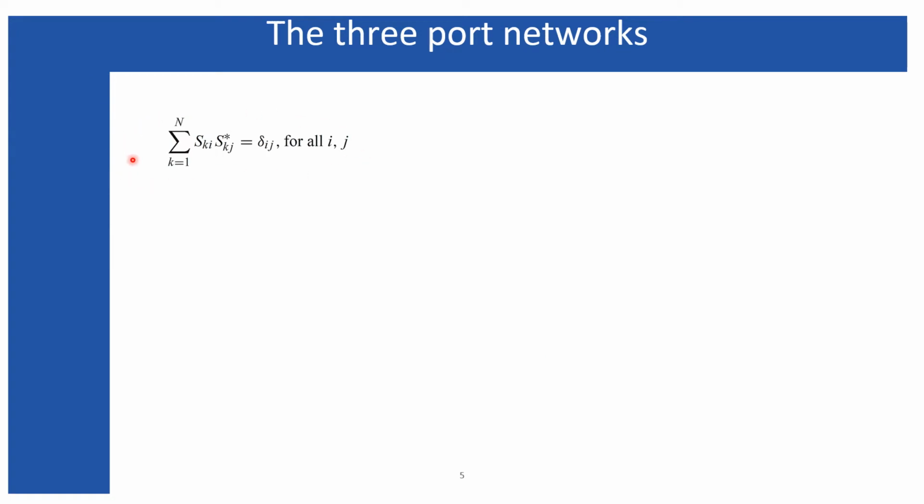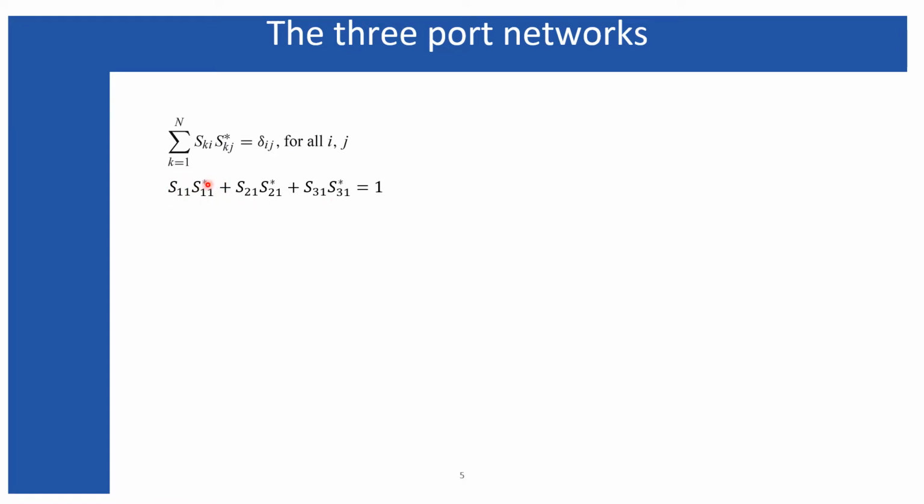So this is the property of a lossless network, and from this property we can write S11 S11 conjugate plus S21 S21 conjugate plus S31 S31 conjugate. Look here: I am considering the excitation at port 1, and observing port 1, port 2 and port 3.